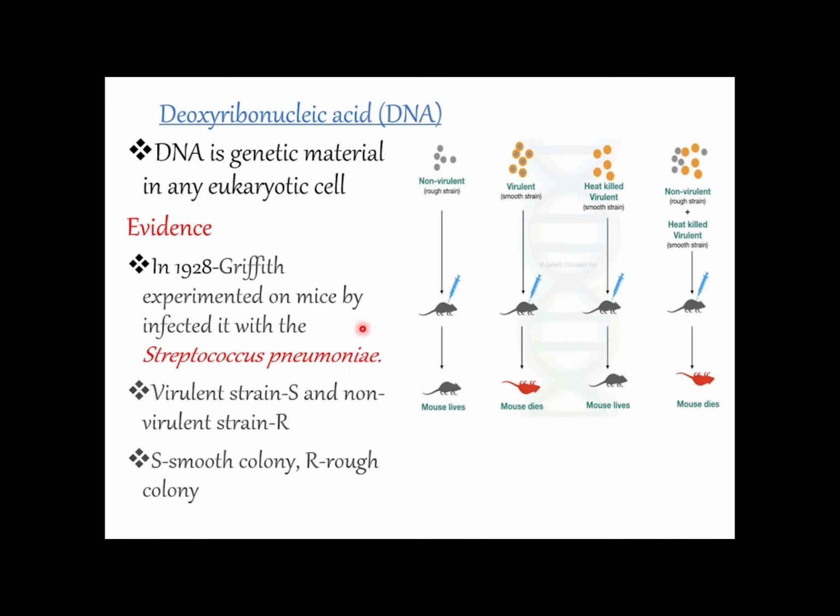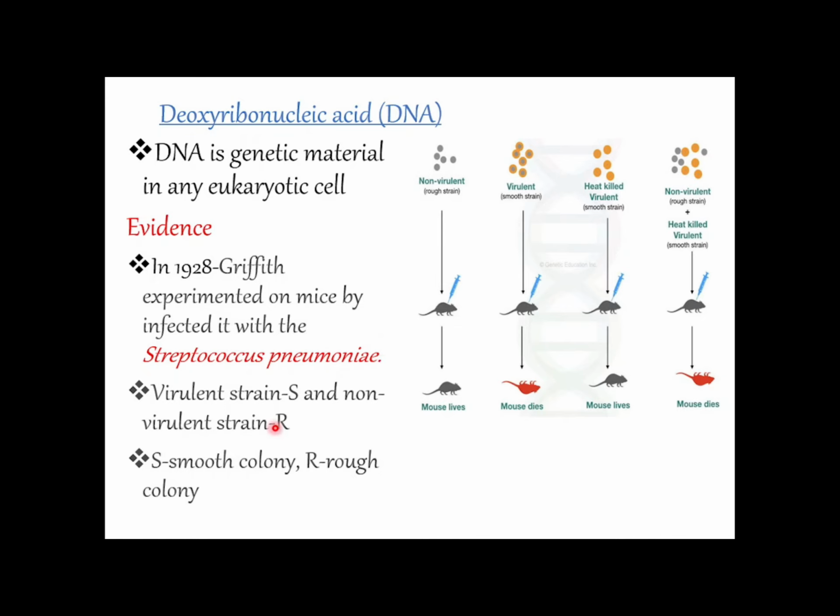What he did was take this bacterial strain and culture it in his laboratory. After that, he tried to infect his mice. His intention was to identify the hereditary material, how information is stored and transmitted. So he carried out these things in his laboratory.